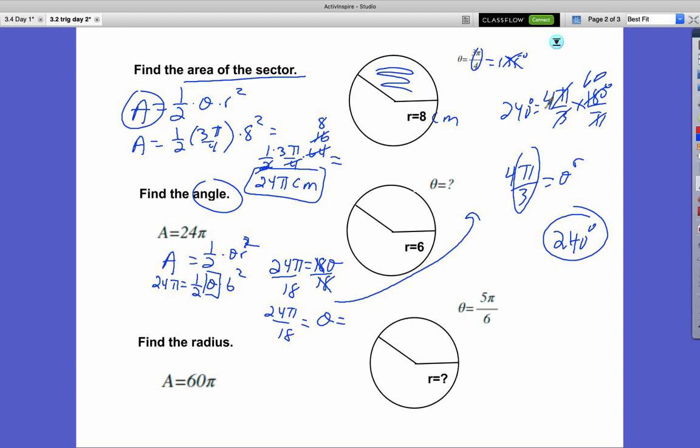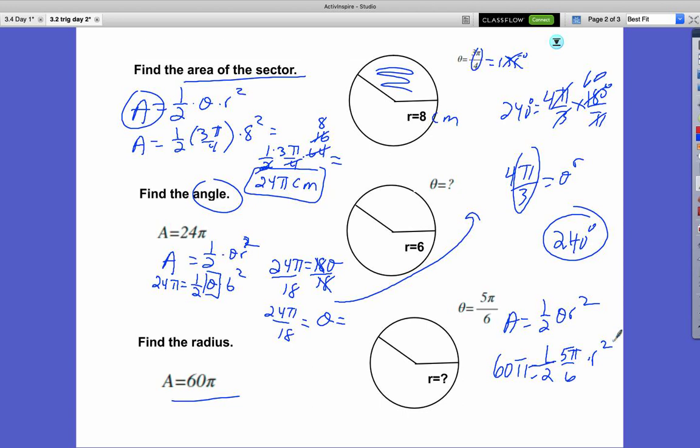We're going to solve for the radius now. So the formula is area equals 1/2 theta r squared. So let's plug in our area of 60 pi, and let's solve for r. This is our angle, 5 pi over 6. So let's work on that arithmetic here.